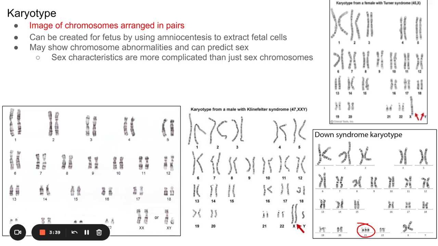The term we use when a person has an extra 21st chromosome is Down syndrome. It's sometimes called trisomy 21 because there's 3 of this 21st chromosome.